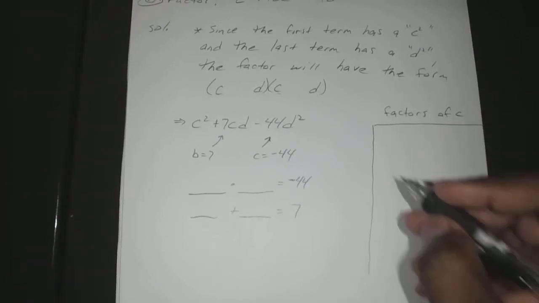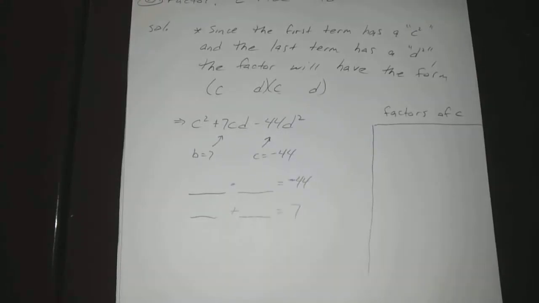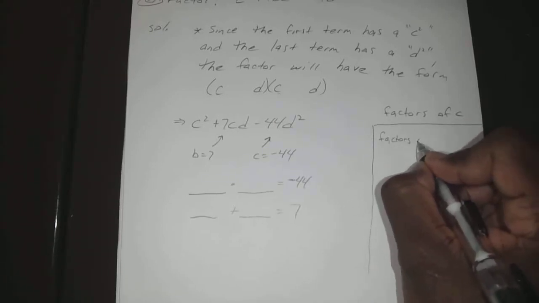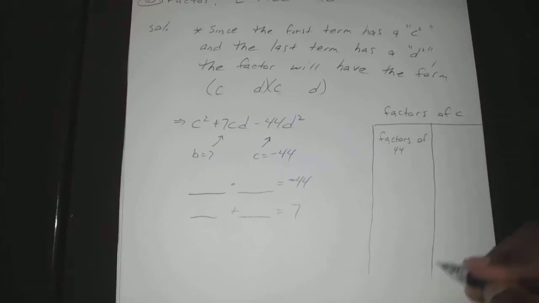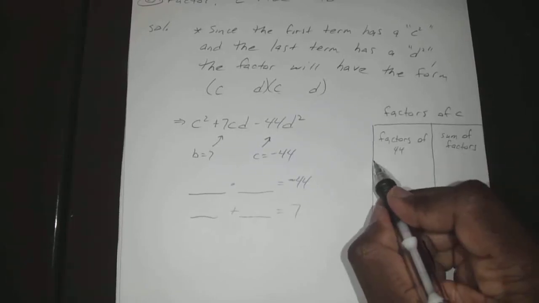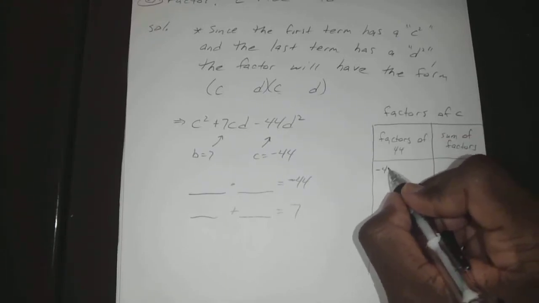Okay. So you have a minus sign, so you know at least one's going to be negative. So you want to have the factors of 44 and the sum of the factors. Okay, we can start with negative 44 and 1, which we already know.